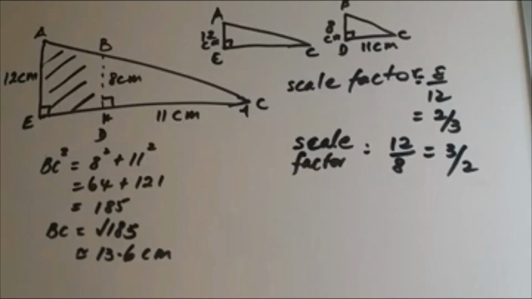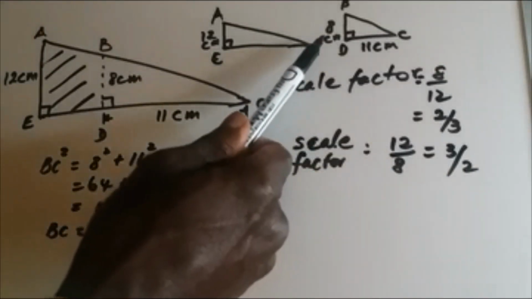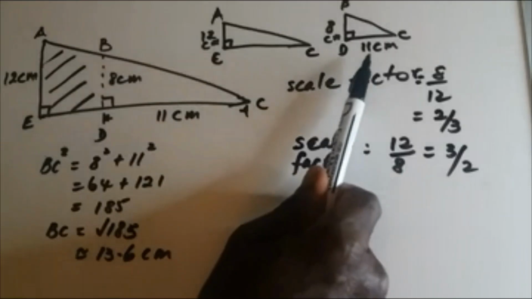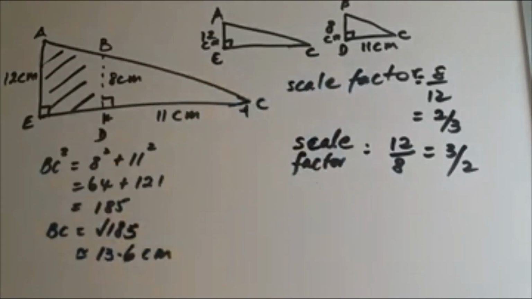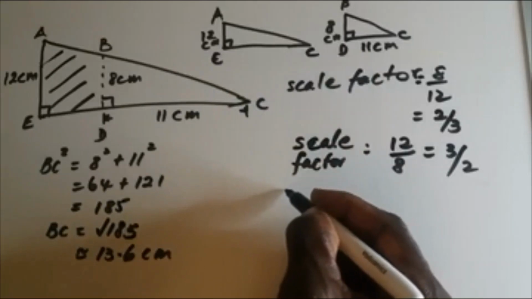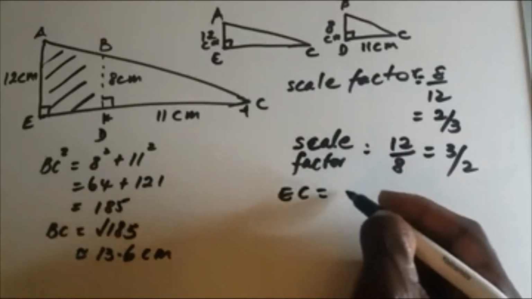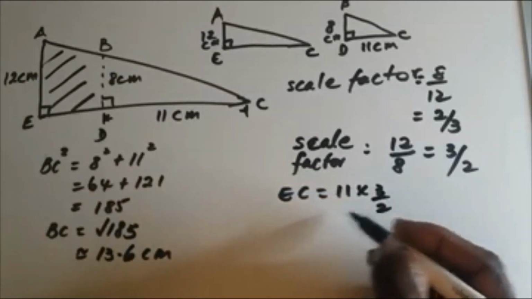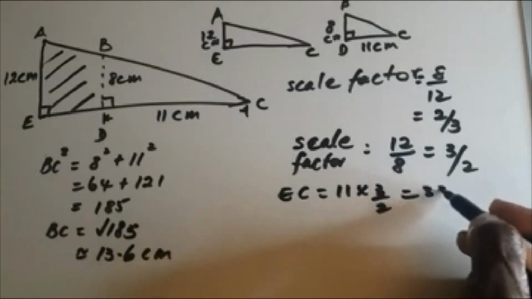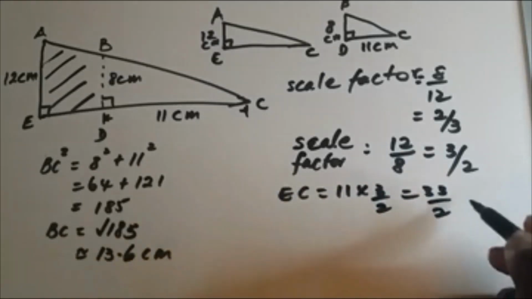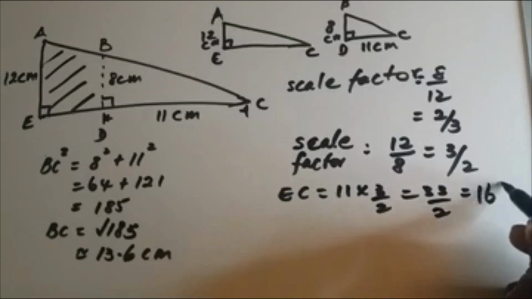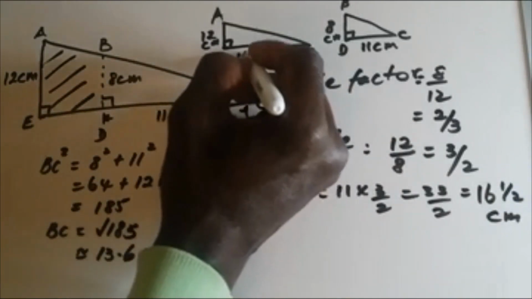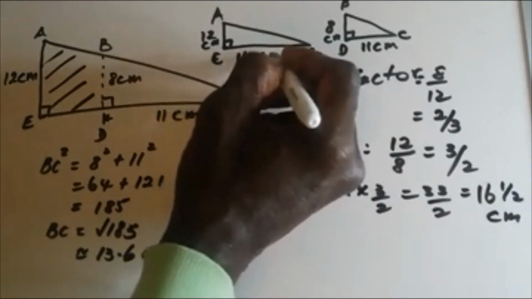If we were to scale 8 up, you can see that would be 8 times 3 is 24 divided by 2, which is 12. So we can scale 11 to find this length. So EC is equal to 11 times 3/2, which is equal to 33/2, which is 16.5 centimeters. So this length here is 16.5 centimeters.